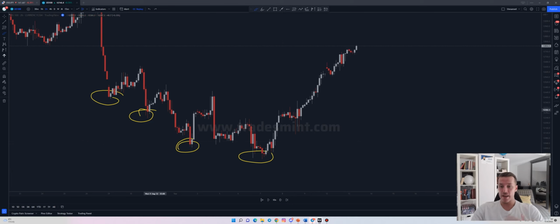This is your edge by identifying that, like we talked about the traits that a professional trader has. A professional trader has adaptiveness. It has to be adaptive.